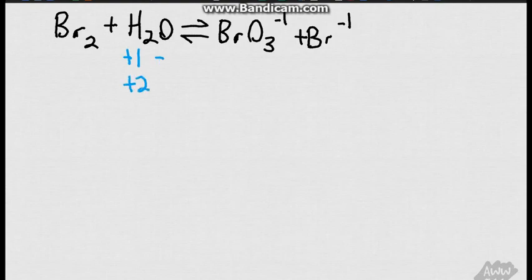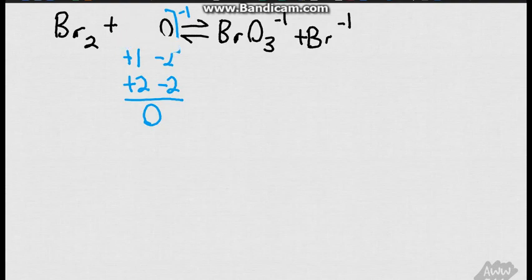Now oxygen has -2, and there's only one, so it's going to be -2. So the net charge of this molecule is going to be 0, which makes sense because there is no net charge on this molecule. If there were, it would look kind of like that, or without the brackets, kind of like on BrO3 like we have over there.